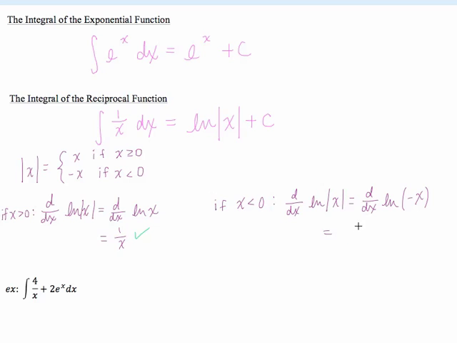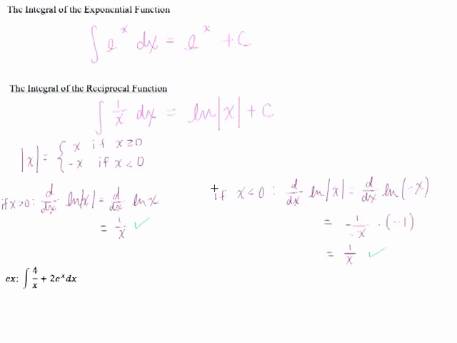So we have 1 over negative x times the derivative of negative x, which is negative 1. That also simplifies to 1 over x. So because the derivative of the natural log of the absolute value of x works, you do get 1 over x whether x is less than 0 or greater than 0. To be really general here, we put absolute value bars, which allows more values of x to be used.